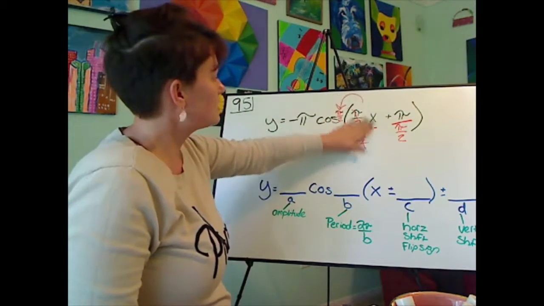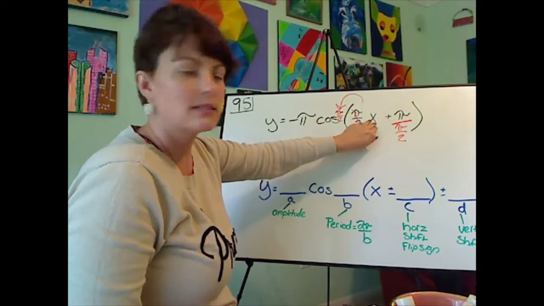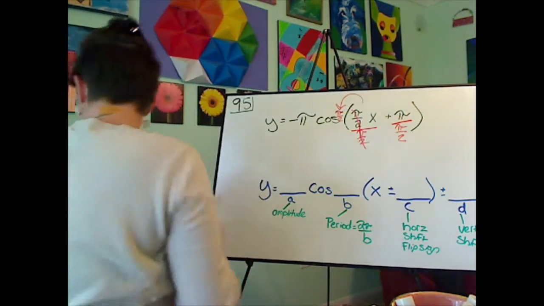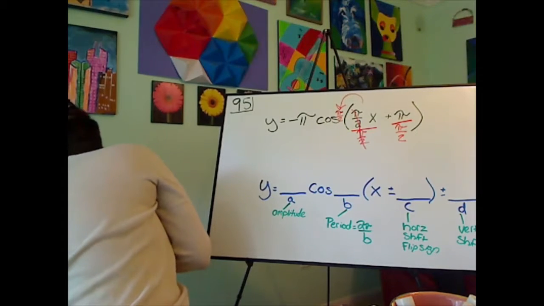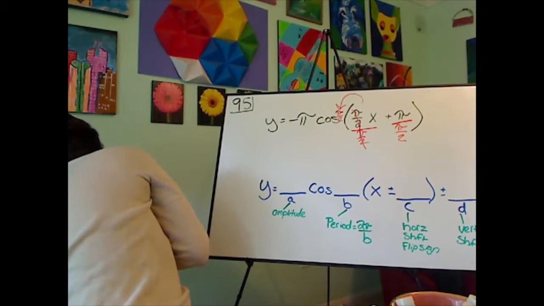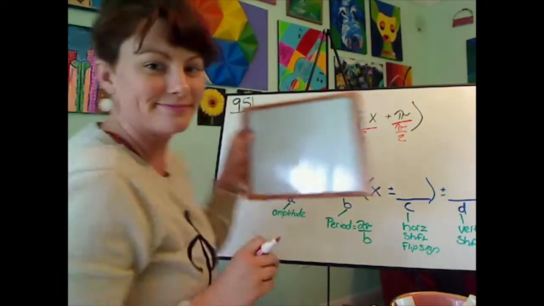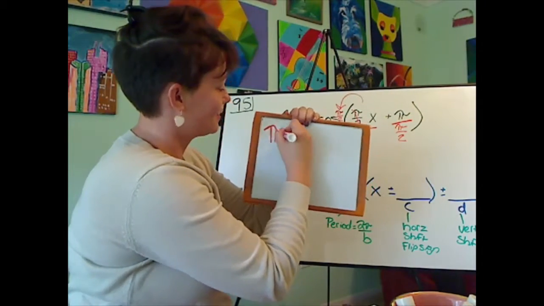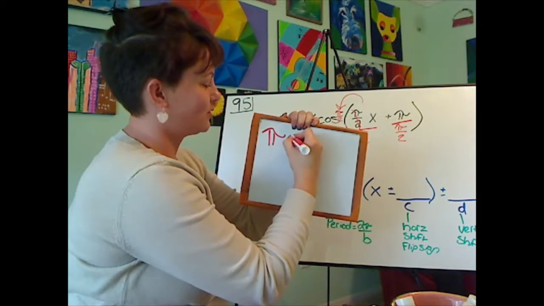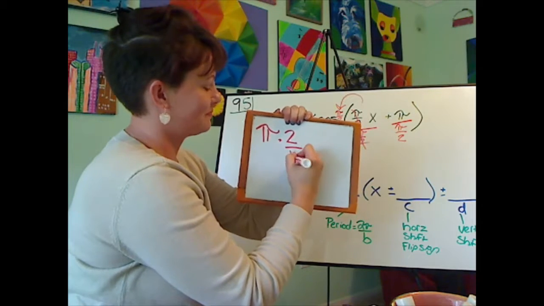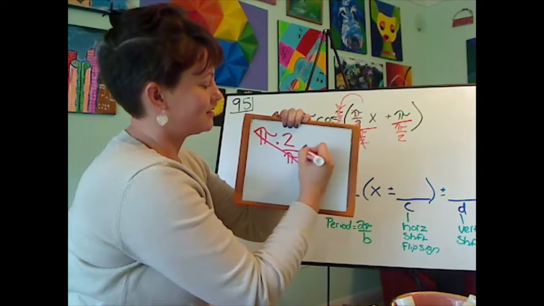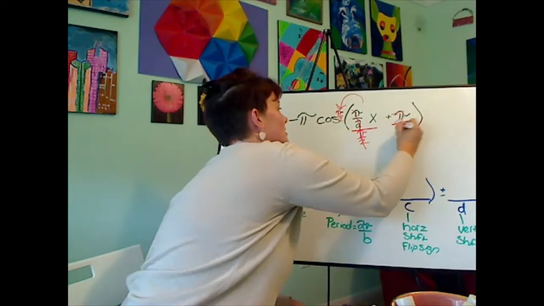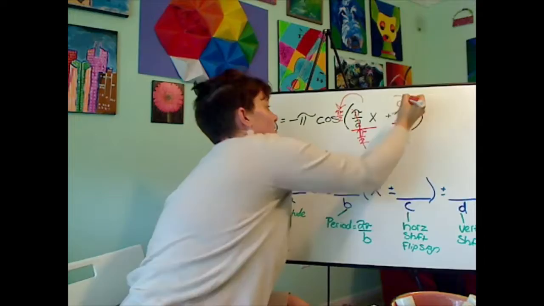It cancels this, and now it just says x. And then this, we need to figure out pi over 2. We would have to multiply it by the reciprocal, which would be 2 over pi. The pi's would cancel, so you would just get 2. So then this changes into 2.